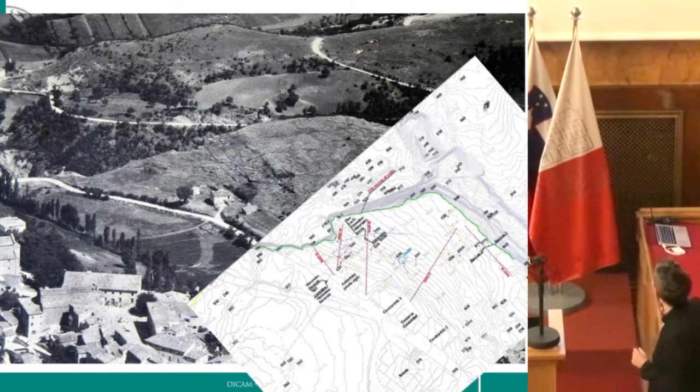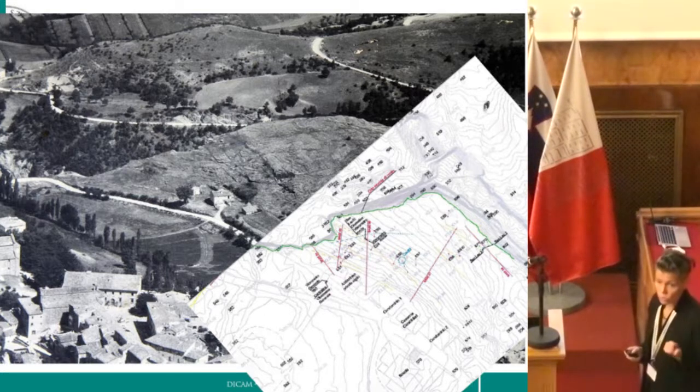Let's try to have a look. So this is the scarp in the 60s. This is the house, and this is a small house. The small house is here. And you see that this is the scarp of the 2014 landslide, which is actually this one.